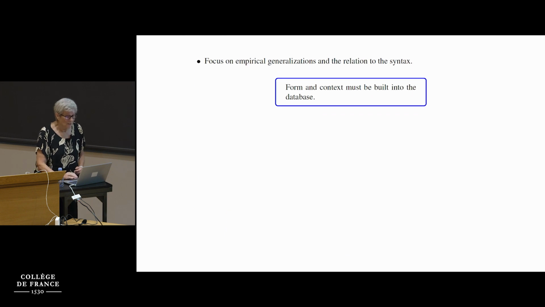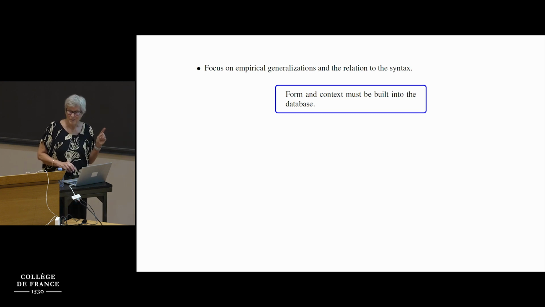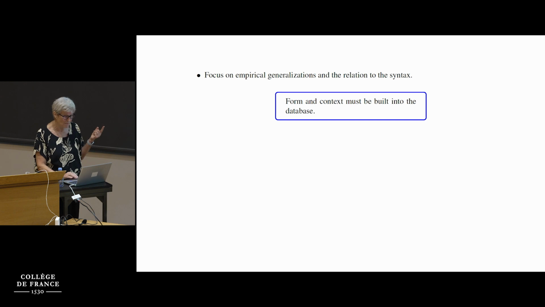So my focus here is basically on the empirical generalization and the relation in the syntax. I'm not going to go into the analysis, but what this basically tells us is that if we want to build a database, form and context must be built into the database.